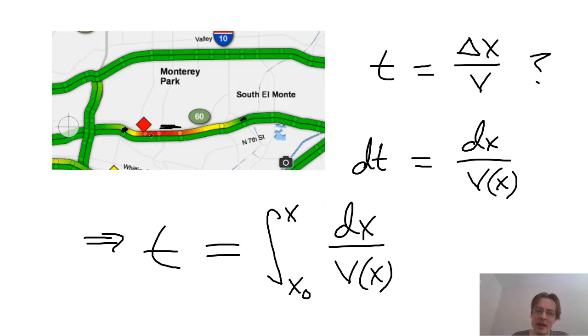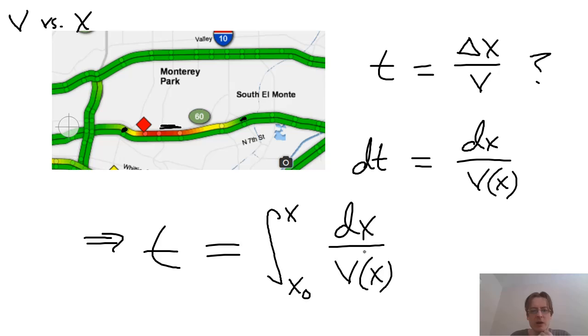Like where it's red, the speed is only 10 miles per hour. Where it's green, it's 60 miles per hour. That's how you compute the time it takes to cross a given region. You have to know what the speed is as a function of x. So again, this falls under the category of problems v versus x.